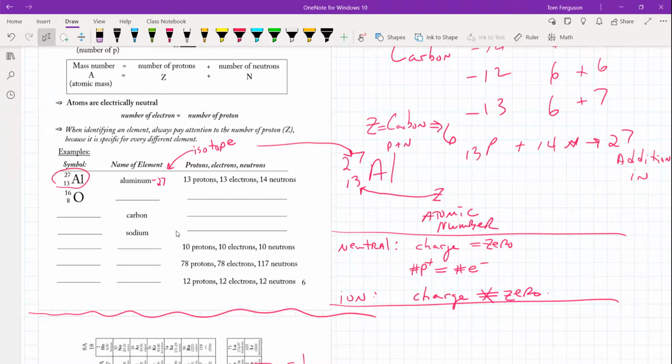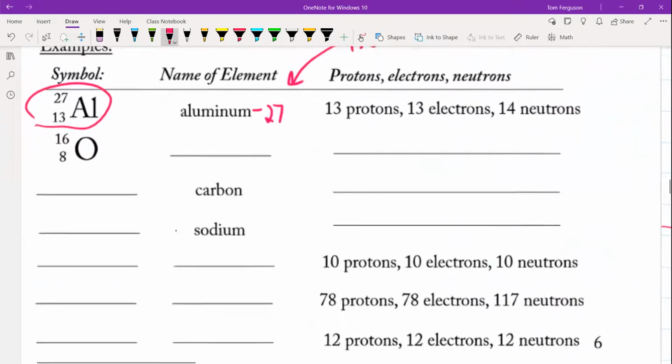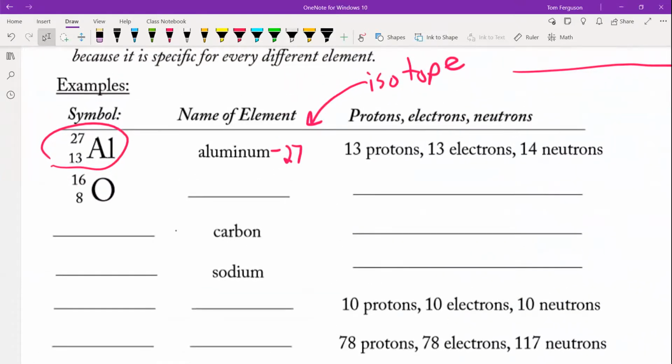Okay, so we have oxygen 16. Tell me about protons, electrons, neutrons.